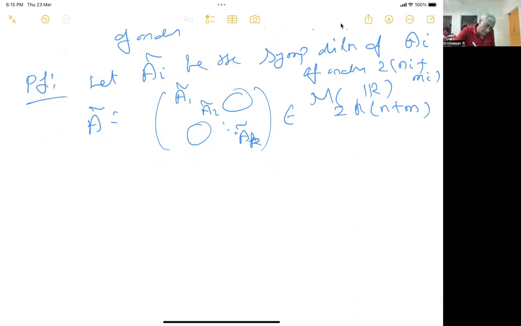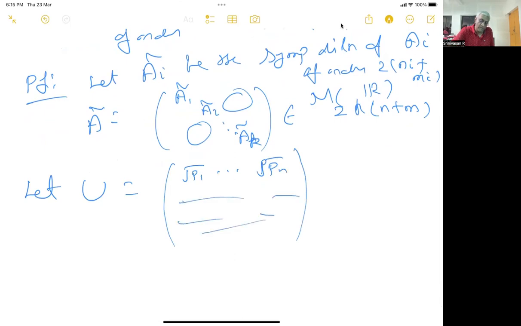So let U be such that the first row is root of p_1 to root of p_n. That is, U is an orthogonal matrix satisfying that the first row is given by that.